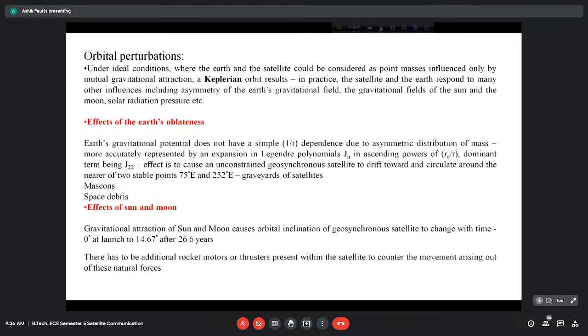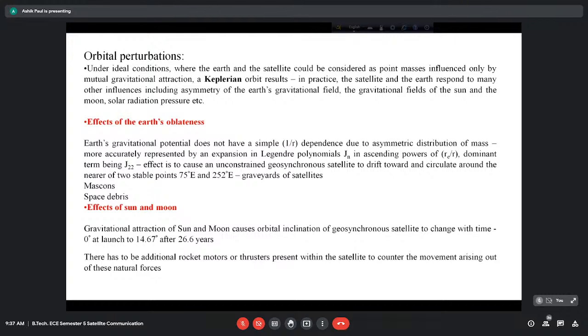These two stable points are naturally occurring points which act as a kind of attracting source. That means once an unconstrained geosynchronous satellite drifts near any of these two stable points, they tend to circulate around those points only.